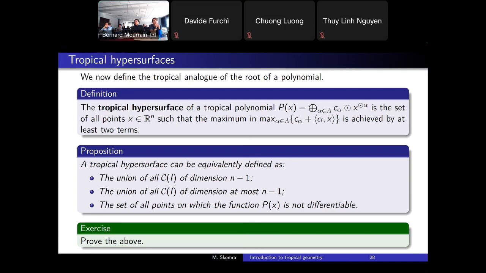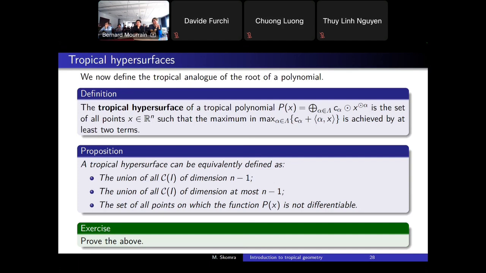However, at points where the maximum is achieved by two terms, it stops being differentiable, because you can have an absolute value kind of behavior. It's differentiable for all x smaller than 1, differentiable for all x greater than 1, but not differentiable at 0. This is a generalization of this observation.